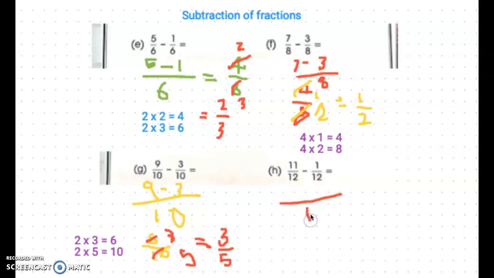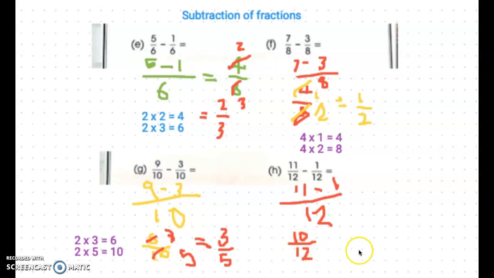This is 12, and I'll bring the numerators, the top parts are numerators, and then 11 minus 1 is 10, and then I have 12. Is 12 a multiple of 10? No, 10 times 1 is 10, 10 times 2 is 20. It's more than 12 already.